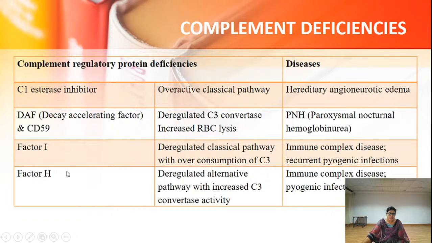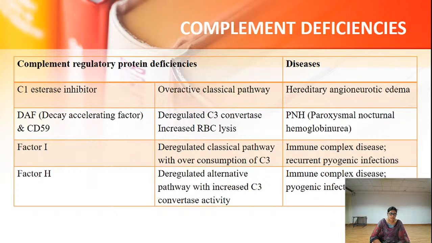And factor I and H, these are regulators for which part? It is the C3 convertase. So C3 overconsumption occurs.